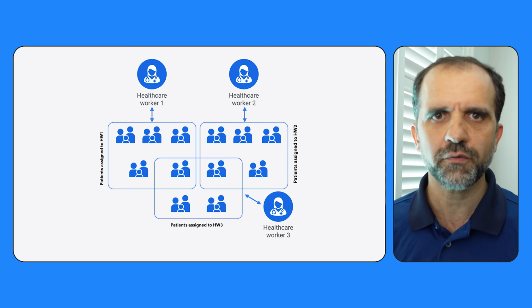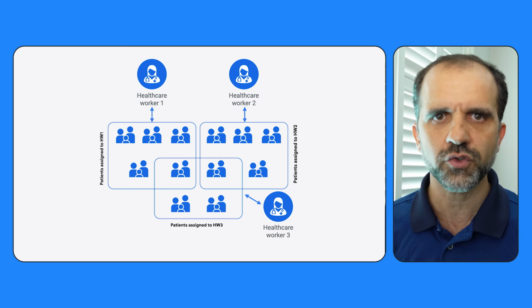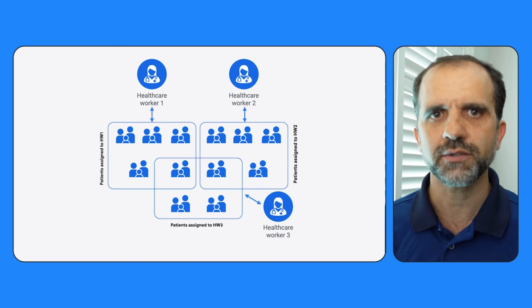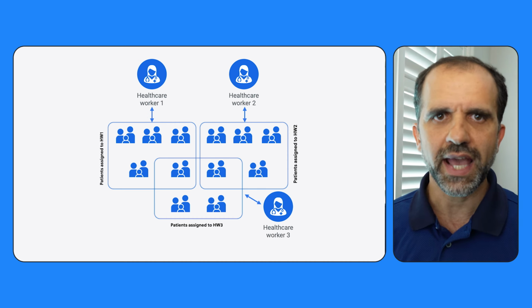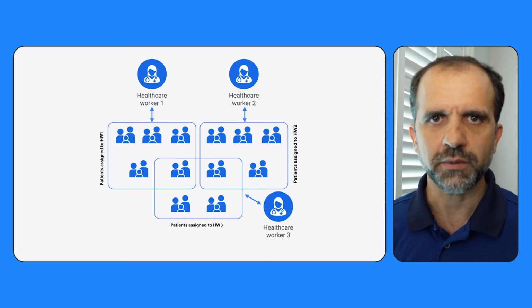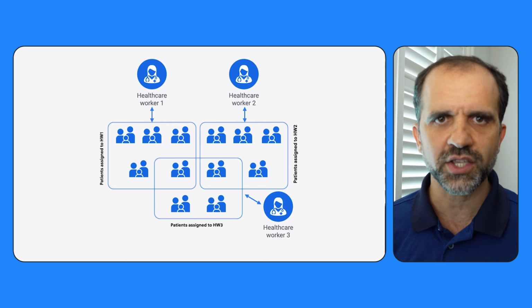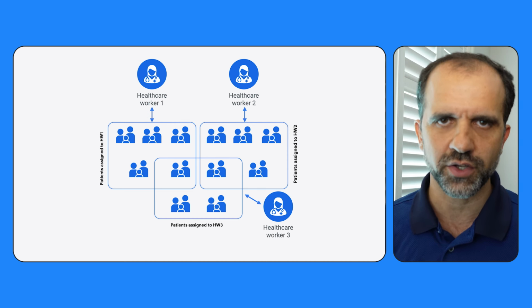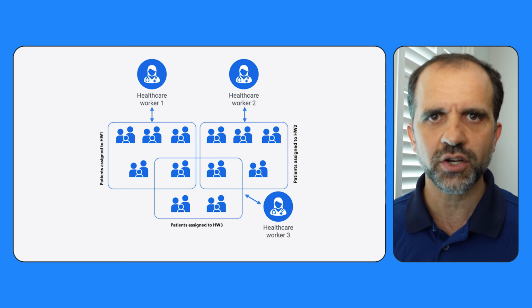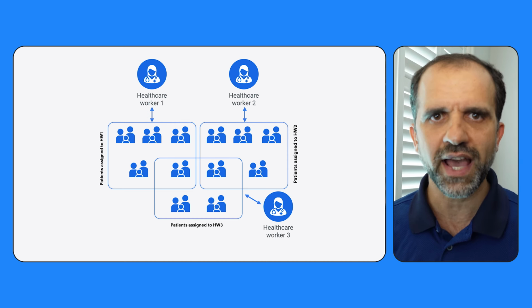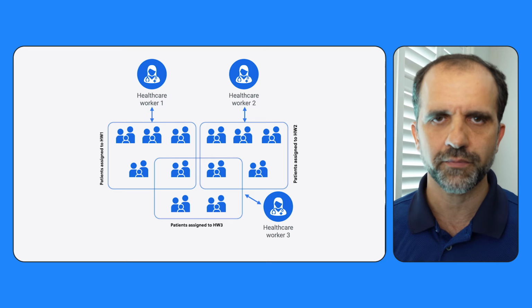Note the list of patients doesn't have to be explicit. It might be defined by implicit rules. For example, an implicit rule might be based on the general practitioner field of patient resources. So only health workers listed in the general practitioner field will have access to that patient's data.